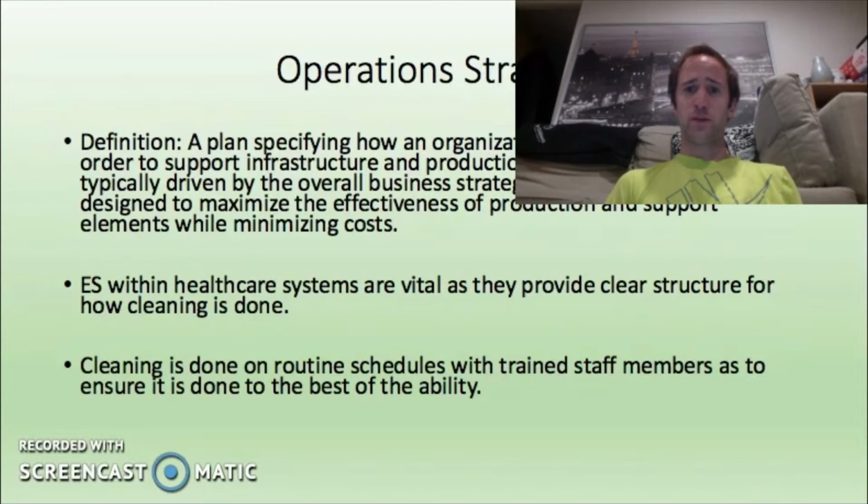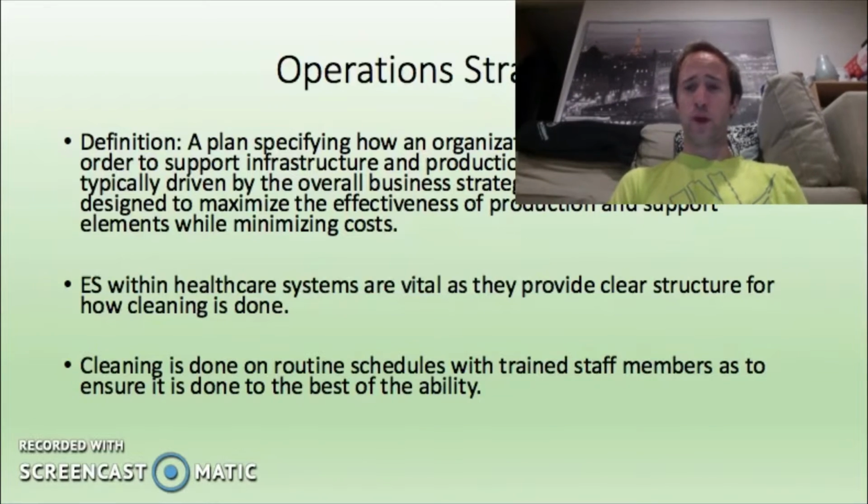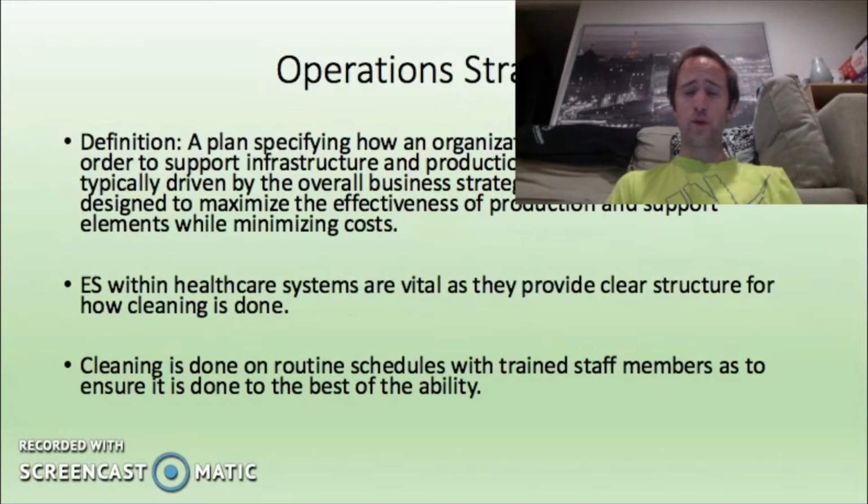At least within the healthcare setting that I observed, which was Seattle Children's Hospital main campus, located on Sandpoint Way, we do have a system set into place, environmental services, also known as ES. A lot of healthcare settings have a system somewhat similar to ES in that they have cleaning routine schedules and trained staff members to ensure that it's done properly to the best of their ability.